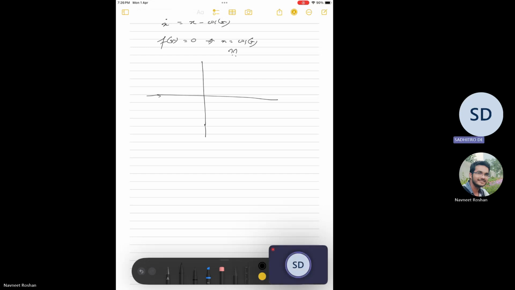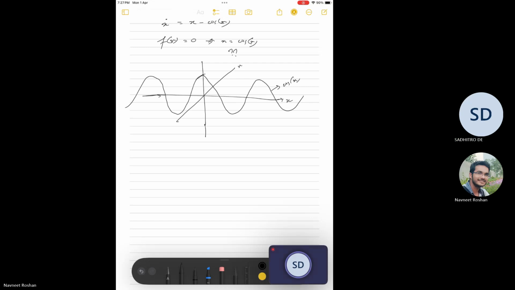and then you plot on this graph the function cos x. This is cos of x, and you also plot this function which is x.